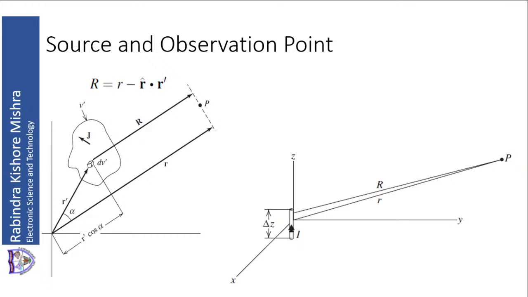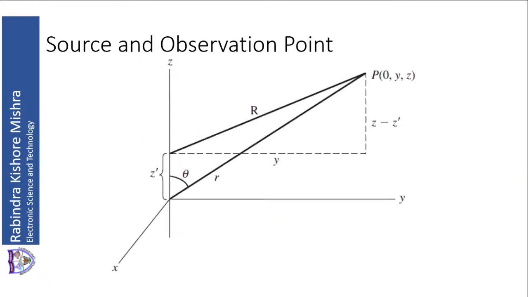So capital R will be equal to small r minus the portion between the origin and the meeting point. That distance is r dash cos alpha, or r cap dot r dash. Therefore, capital R is equal to small r minus r cap dot r dash. Okay, next.